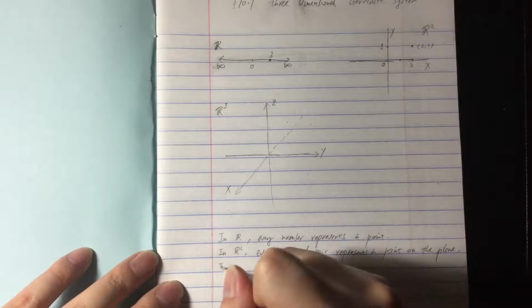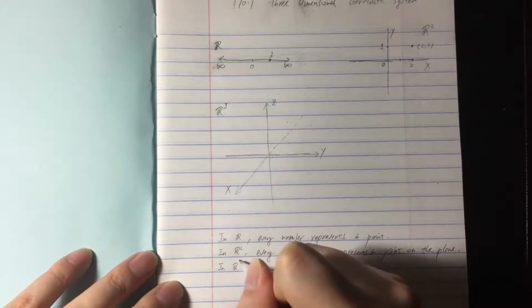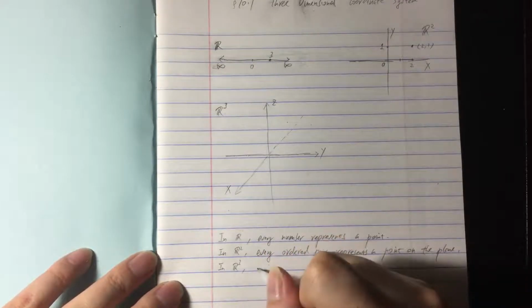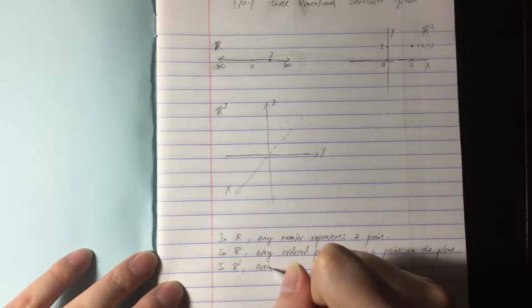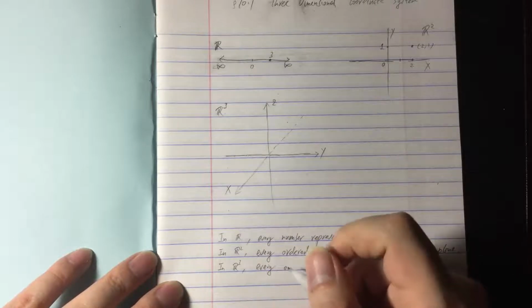Similarly, in R3, we use three numbers to represent a point.